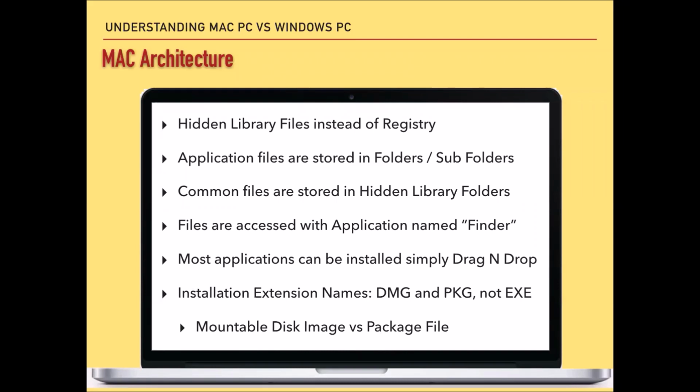In the Windows world, you are familiar with the registry. And you may know that over time, the registry in a Windows machine gets larger and larger until the point where your computer slows down. People think that they need to buy a new computer when in fact it's just because their registry has gotten so large.